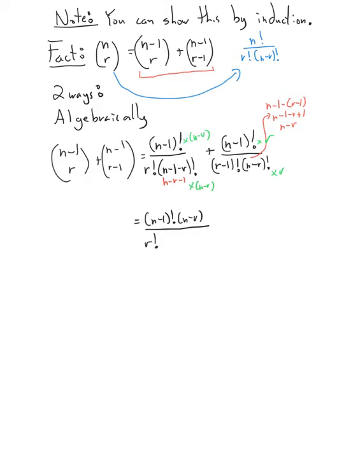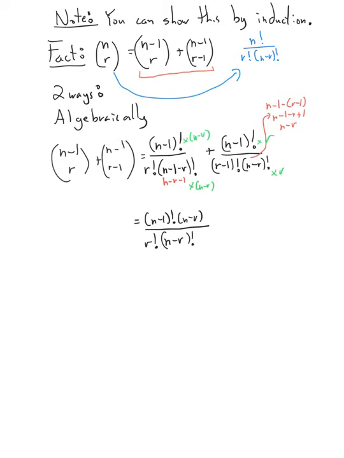This n minus r is 1 greater than n minus r minus 1, so it's just the next number in the sequence. So this is n minus r factorial. Just like if this here was, say, 11, this would be 12, and 11 factorial times 12 would be 12 factorial. Just an example.